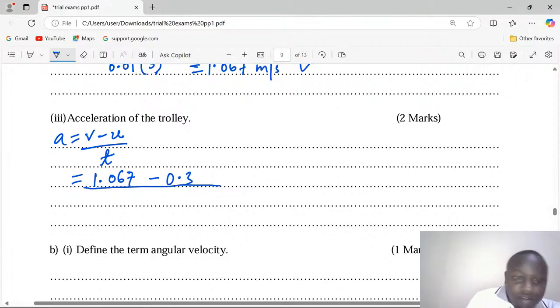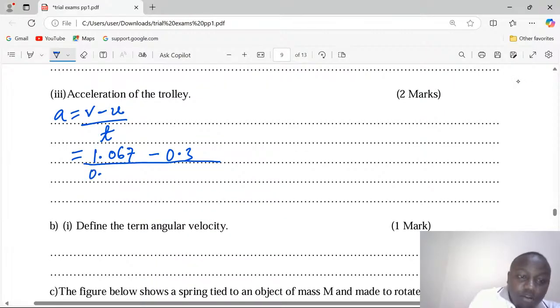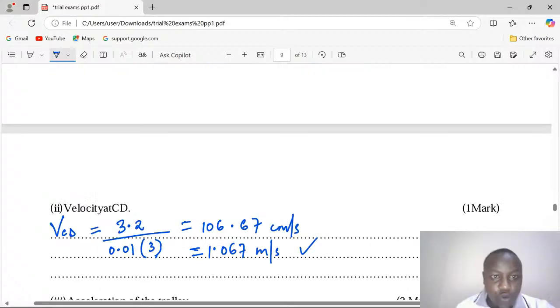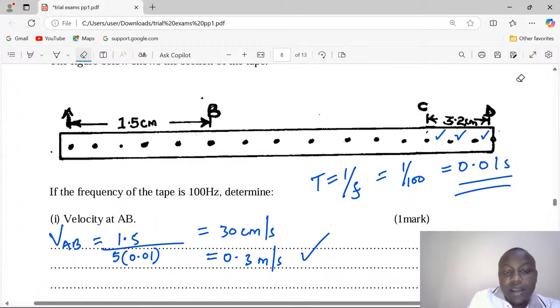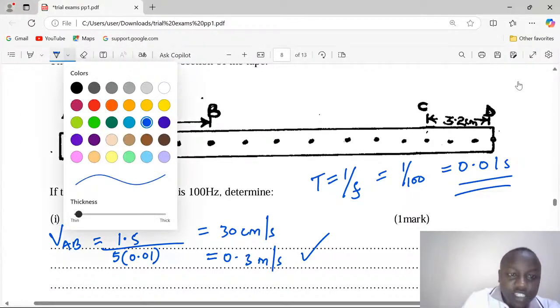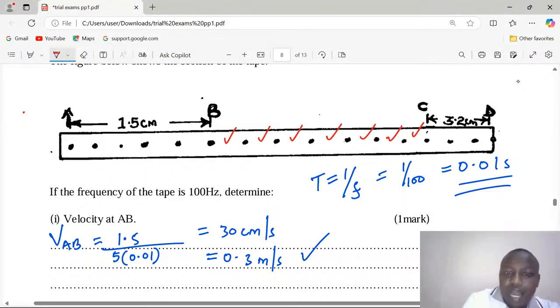The time to accelerate, this is where the deal is. 0.01 times how many spaces do we count? In this case, we count the full spaces between B and C. In this transitioning point, we will have 1, 2, 3, 4, 5, 6, 7. So we are having 7.